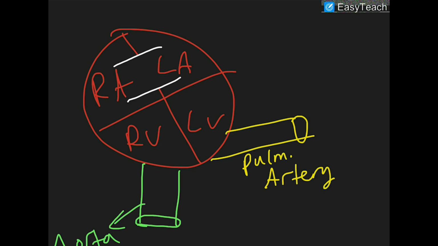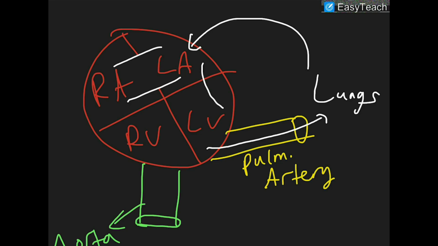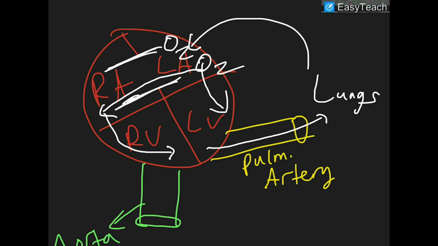Because that's connected to the pulmonary artery, which goes to the lungs and brings back fully oxygenated blood to the left side. So we have the oxygenated circuit on the left side. If this ASD is present, then the oxygenated blood can finally cross over to the right side. Then that oxygenated blood can go to the right ventricle and out to the systemic circulation. So that's how an ASD is really helpful.